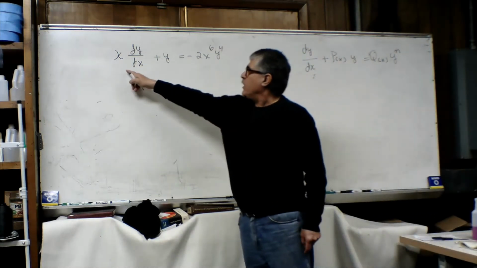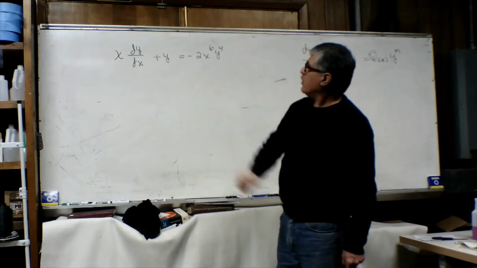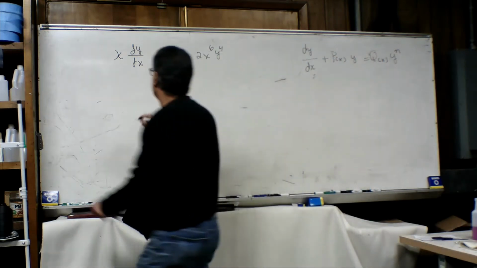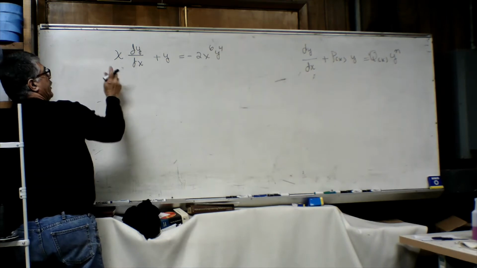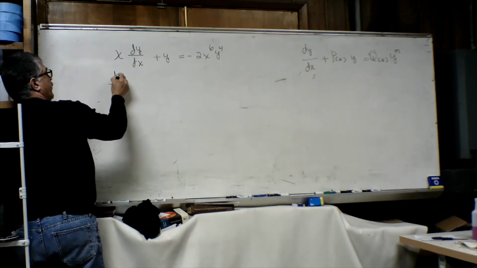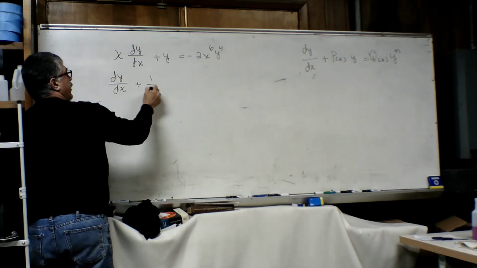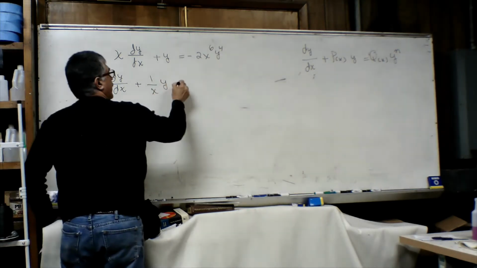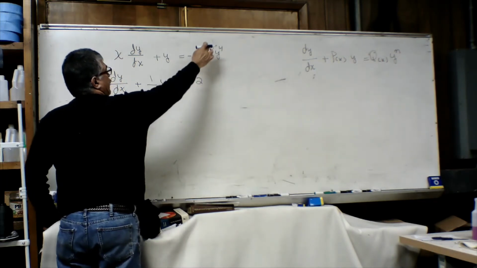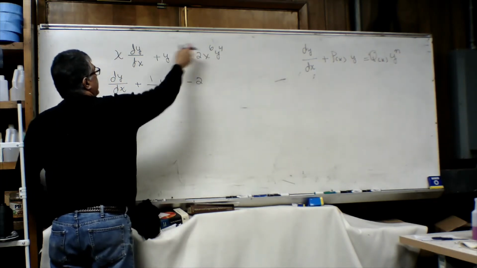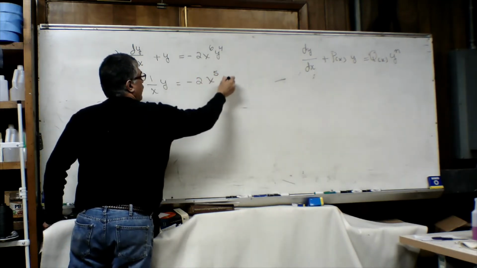So we have to get rid of the coefficient of dy over dx. So let's divide both sides of equation by x. Here we are going to have dy over dx plus 1 over x y equal to minus 2 x to power 6 divided by x, which will be x to power 5, y to power 4.